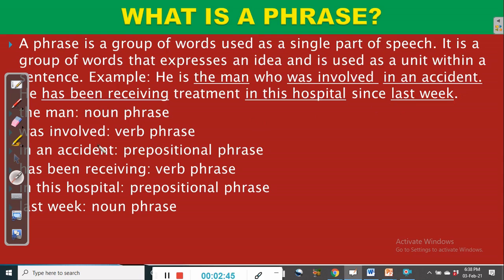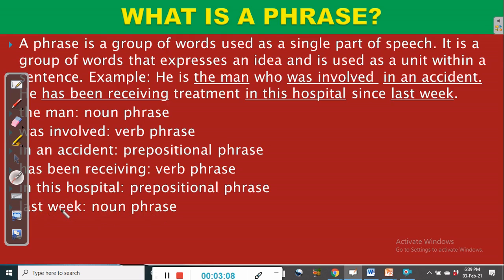All right? So you can see the analysis here. The man, a noun phrase, was involved, verb phrase, in an accident, prepositional phrase, has been receiving, verb phrase, in this hospital, prepositional phrase, last week, noun phrase.